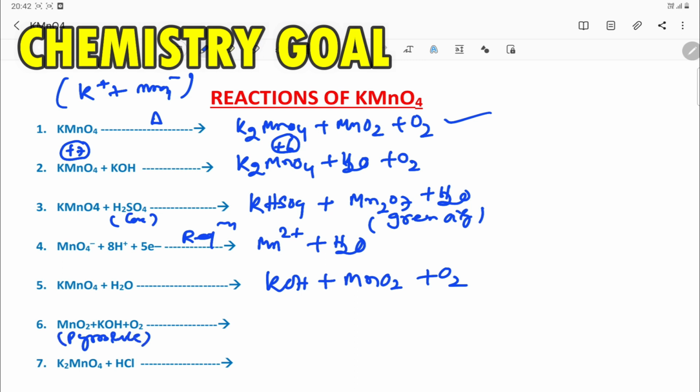This pyrolusite, manganese dioxide, in the presence of base KOH gets oxidized to potassium manganate. Potassium manganate is the main product, and with this it produces water. Clear? This is the reaction of manganese dioxide in basic medium, where it gets oxidized in the presence of oxygen and converts to manganate.